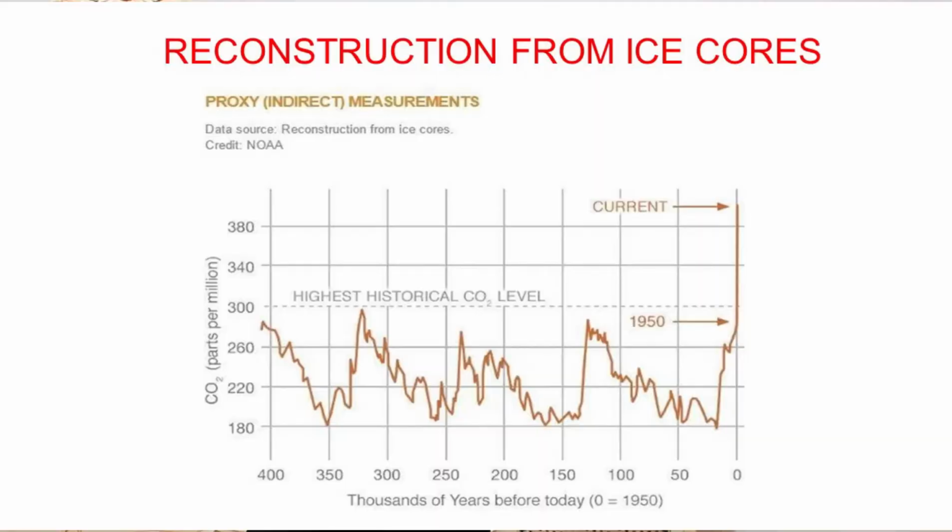So you can analyze water molecules, air bubbles, and other materials, such as ash and dust draped in ice. Thus, researchers can make reconstructions of rainfall, temperature, chemical composition of air, and volcanic eruptions that are furthered by the climate.